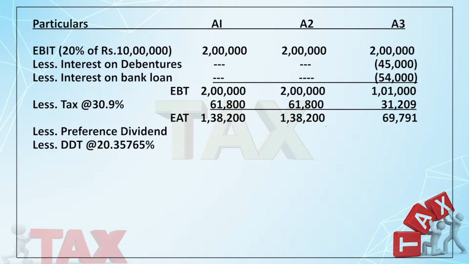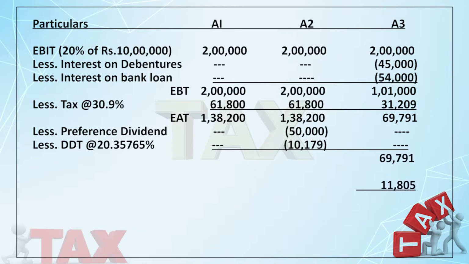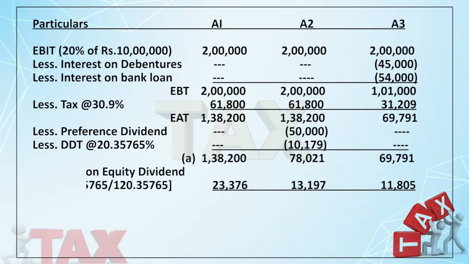Now in the second alternative, you have preference shares, right? So you have to pay the preference dividend to them: 10% on 5 lakhs comes to 50,000. Once a company is paying the dividend, the company has to pay, under section 115-O, the dividend distribution tax, which is 20.35765%.